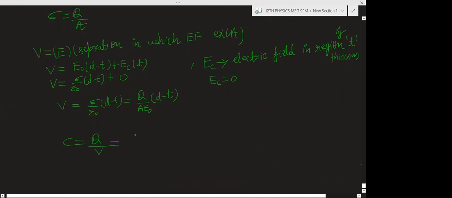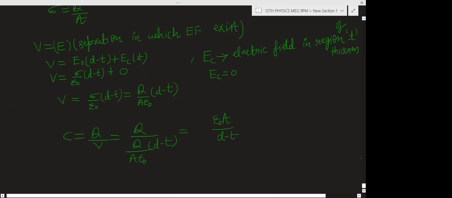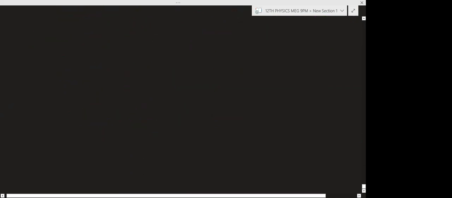Capacitance is Q by V. Now put the value, and you will get epsilon naught A divided by d minus t. This is the resulting capacitance when the conducting slab is partially filled.